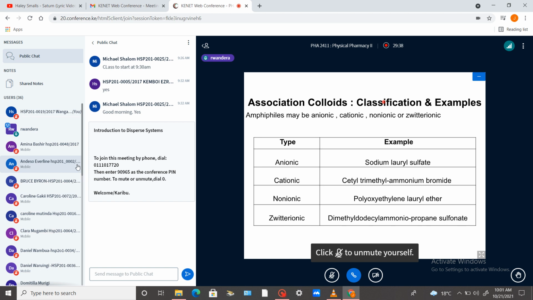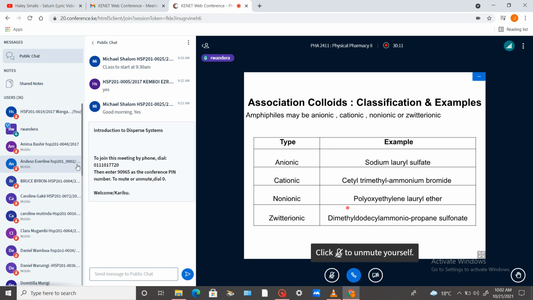So we also have classifications and examples of association colloids. We have the anionic, and a good example is sodium lauryl sulfate. This is a surfactant that is commonly used in pharmaceutical formulations. We have cationic, and a good example is cetyl trimethyl ammonium bromide. Non-ionic association colloids, a good example is polyoxyethylene lauryl ether.